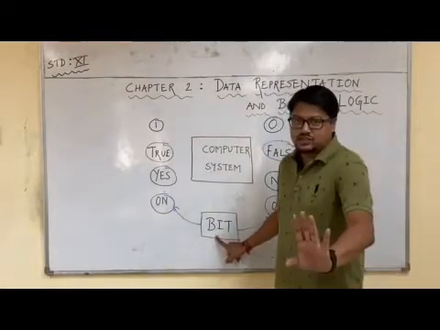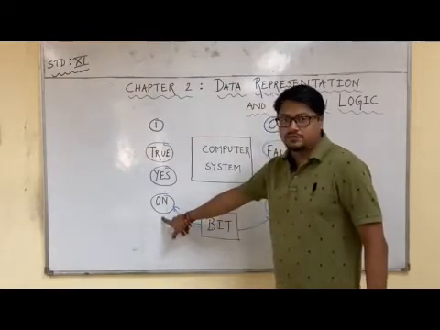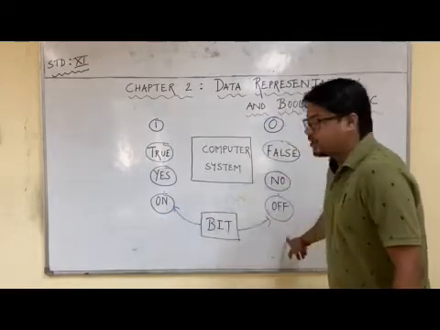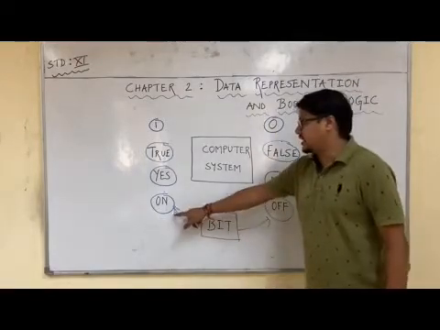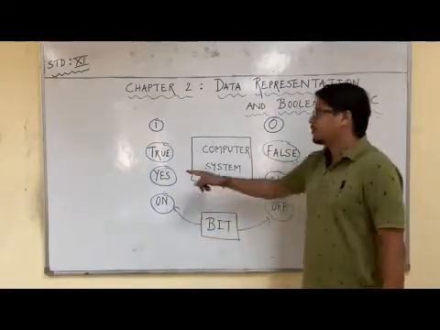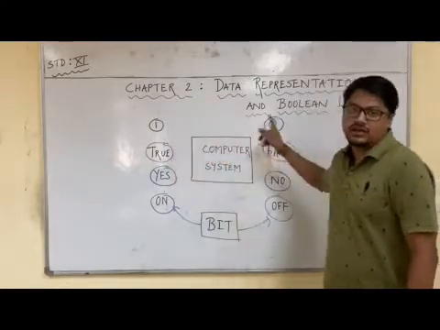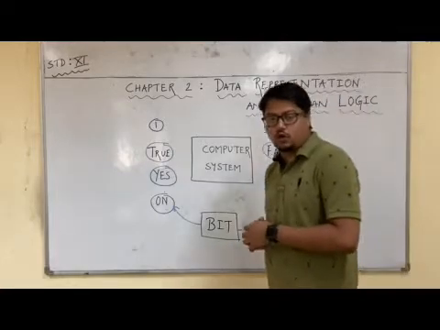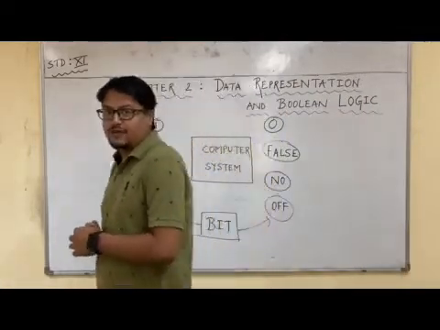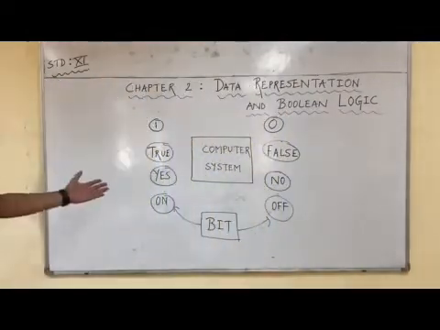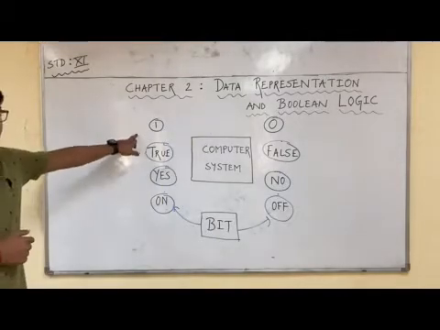Now, a computer has two states. One can be on, off. We can also represent these as yes, no, true, false, and very easily 1 or 0. So if I speak the word true, on, or yes, that means I am referring to 1.